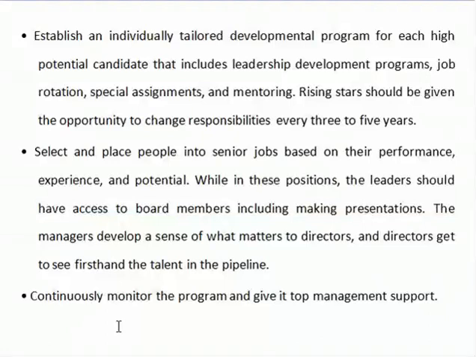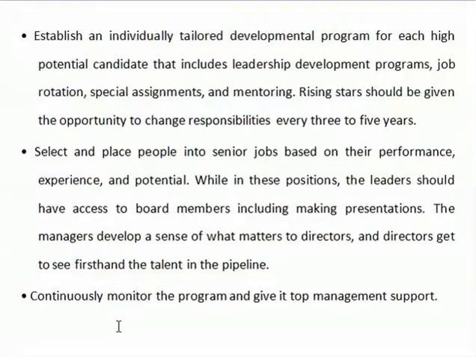Next is selecting and placing people into senior jobs on the basis of performance, the tasks given to them, the experience they have, and the capability or potential they have to hold that particular job position. In these types of positions, leaders should usually have some access to the board members, including making presentations to them regarding their achievements.